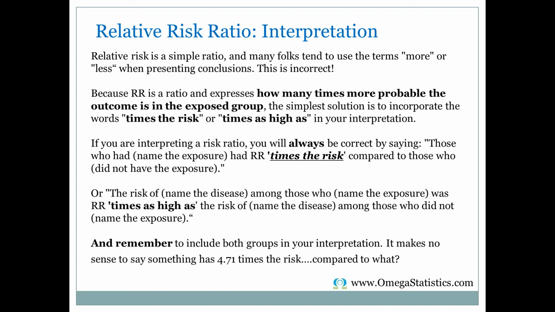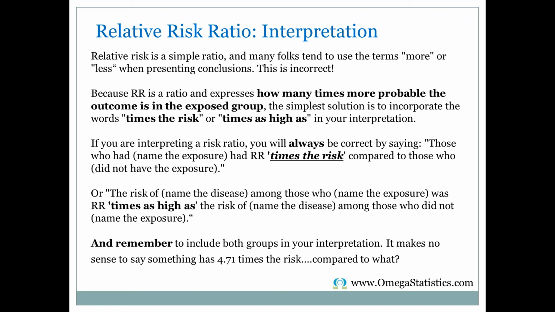Relative risk is a simple ratio. Many folks tend to use the terms more or less. Like I was saying, it's not correct. Because it is a ratio and expresses how many times more probable the outcome is in the exposed group, the simplest solution is to incorporate the words times the risk or times as high as in your interpretation.